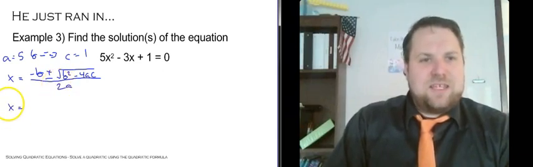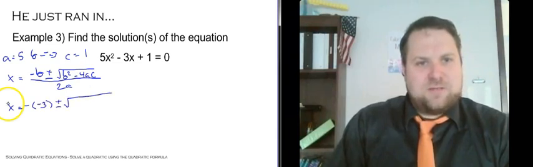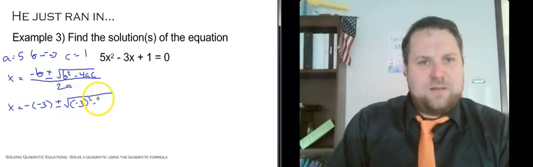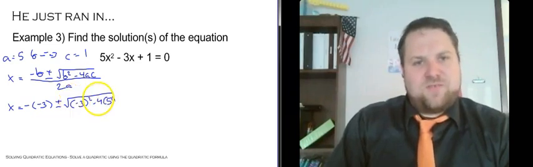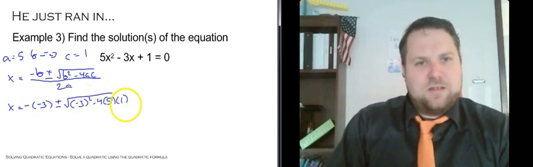Substitute our values in, so I get negative 3 plus or minus the square root of negative 3 squared minus 4 times 5 times 1, all of that over 2 times 5.